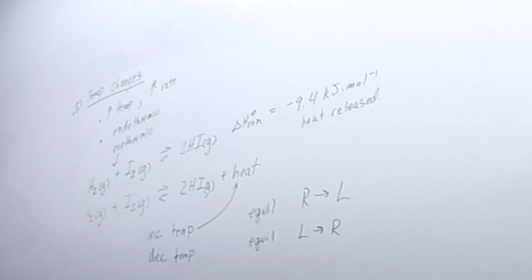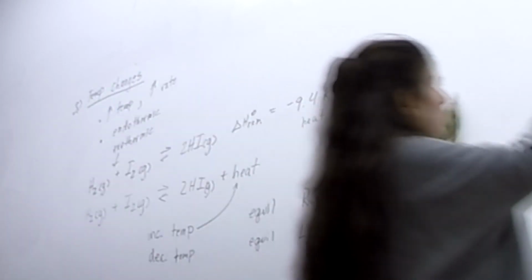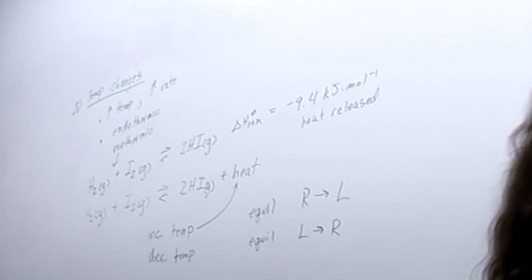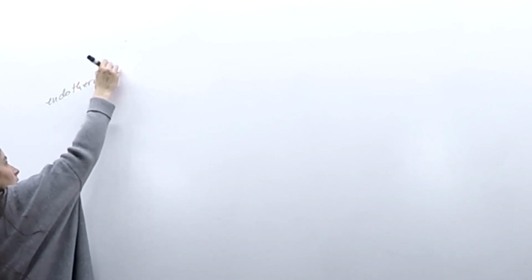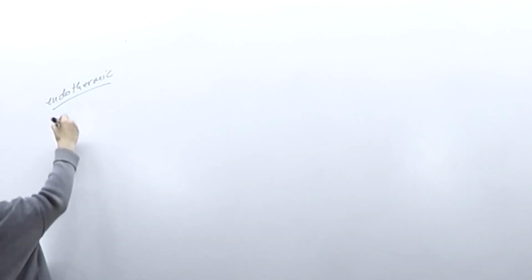So you also have to take into account what types of reactions that we have. Are they endothermic? Are they exothermic? So same thing's going to hold true. With our endothermic, now you can write it again.